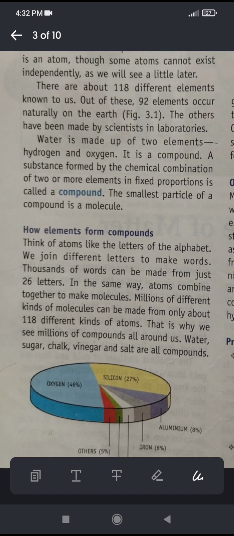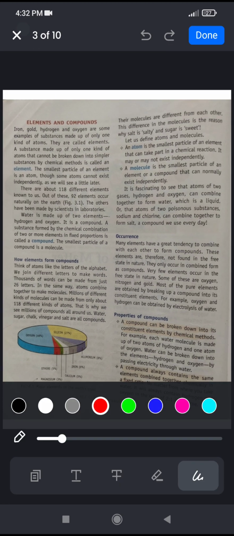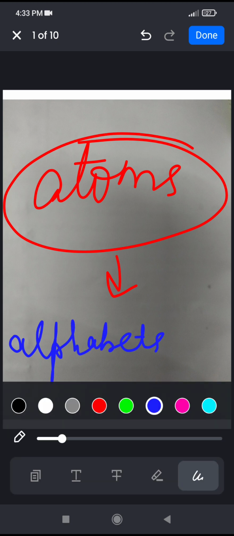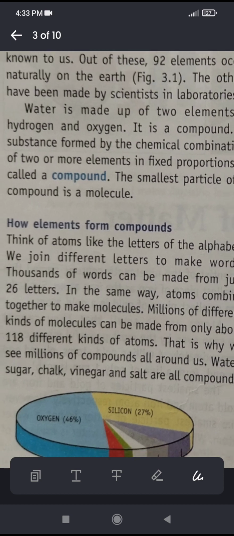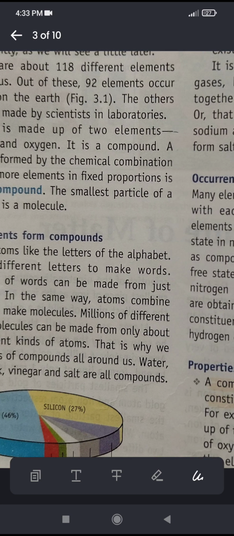How do elements form compounds? Think of atoms like the letters of the alphabet. We join different letters to make words.